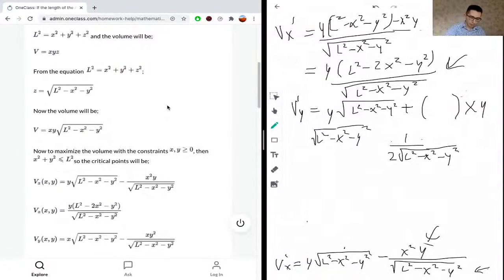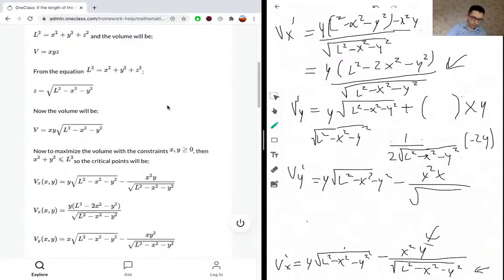So it would be multiplied by negative 2y. So the 2's cancel out here, and then we're left with dy prime is equal to y L squared minus x squared minus y squared minus the second component, which is y squared x over L squared.